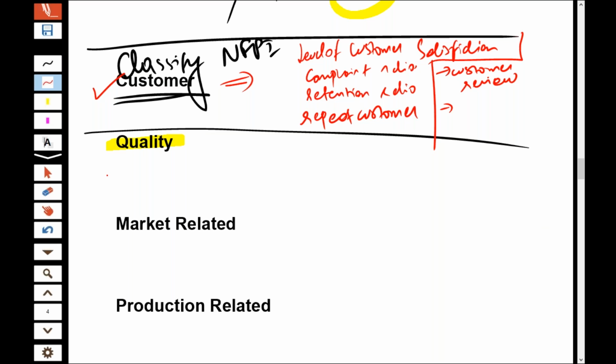Okay, really happy to see the level of participation. This is excellent. So you've got number of rejects. You've got complaint ratio. You've got warranty claims.